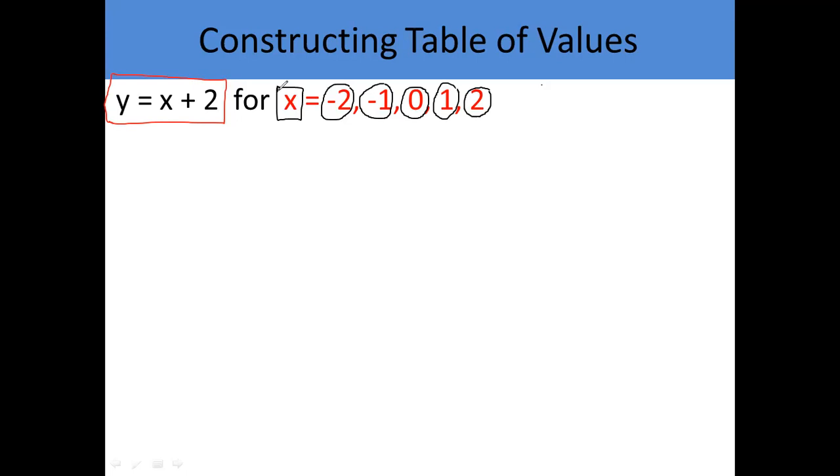Again, you are given the value of x, and what we will do now is find the value of y. When x is negative 2, negative 1, 0, 1, 2, we will find the value of y. How? We replace. We said that y equals x plus 2. So we replace the value of x.